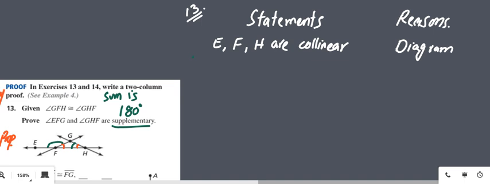Is it clear? Okay, so if it is clear, then you can see that FE is a ray, and at the same time FH is also a ray, and they have a common point which is F, and they are opposite rays.